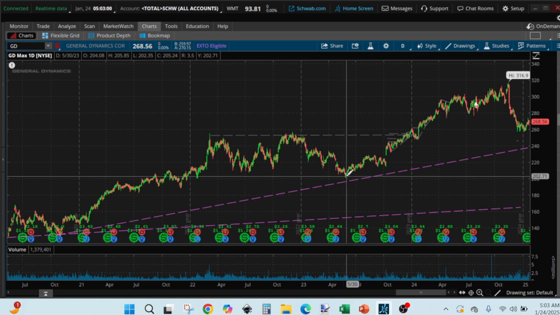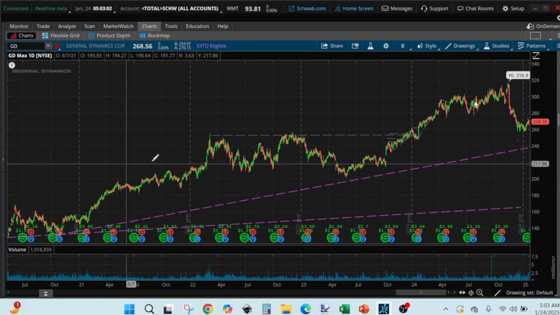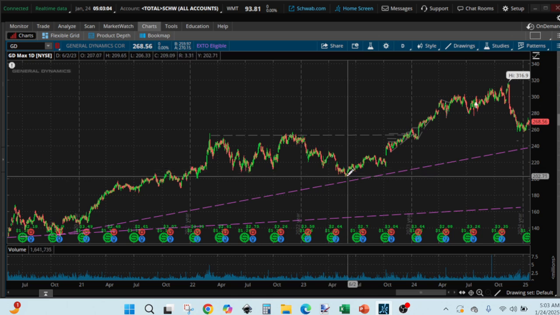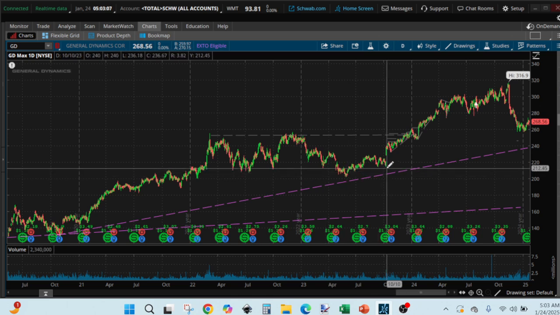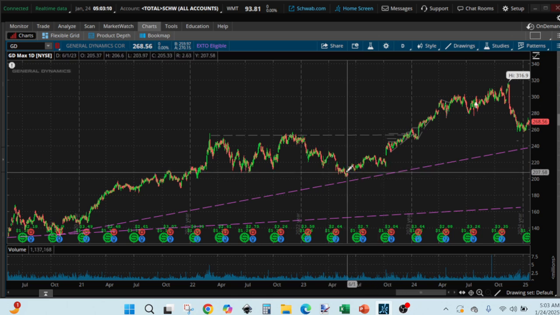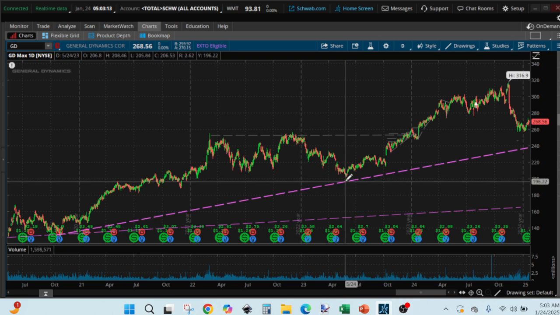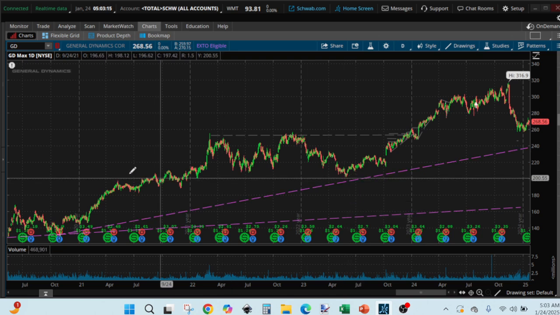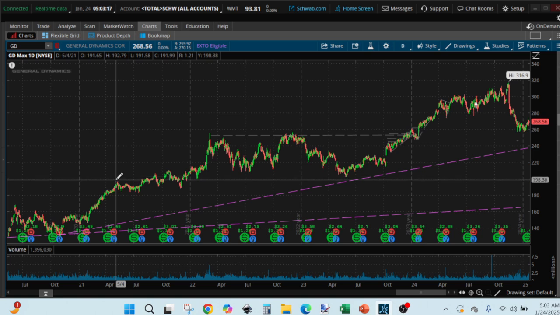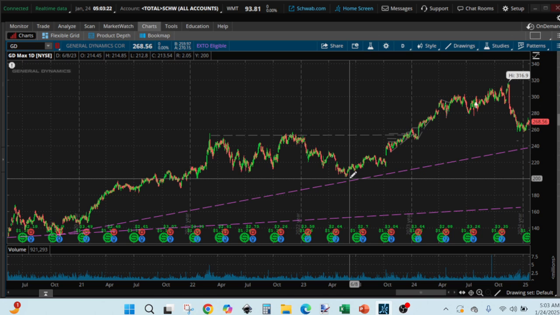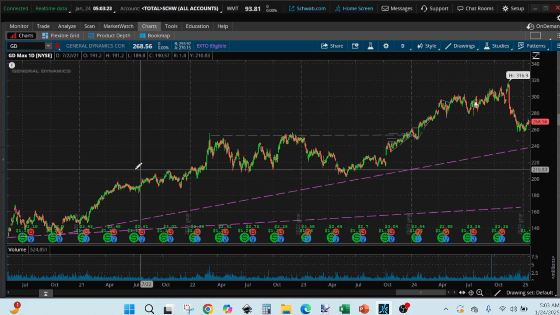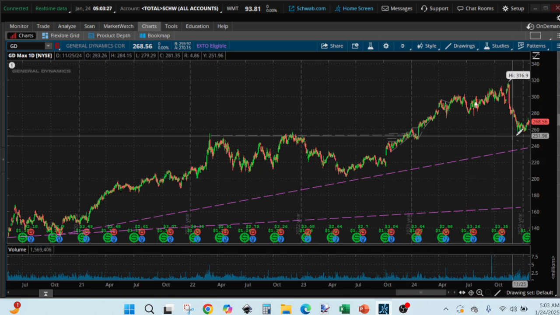If I put my mouse here, it's using this resistance line as a support here as well to go back up, and it didn't quite come back to this trend line, which is using this resistance line, but it just came a little bit closer, and that's it.